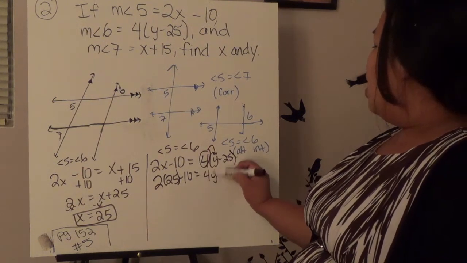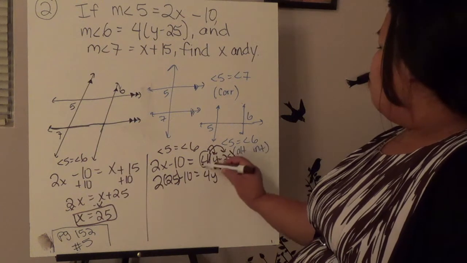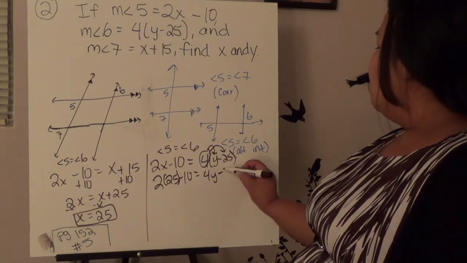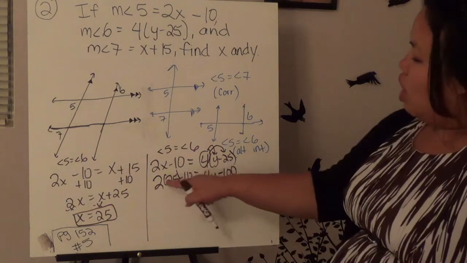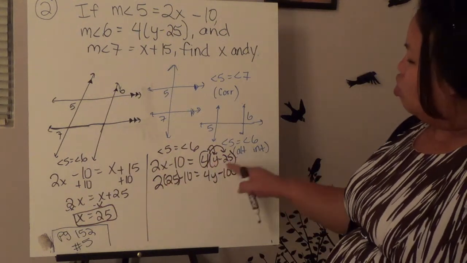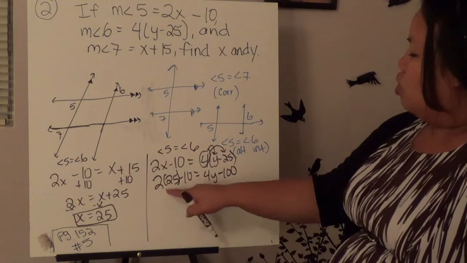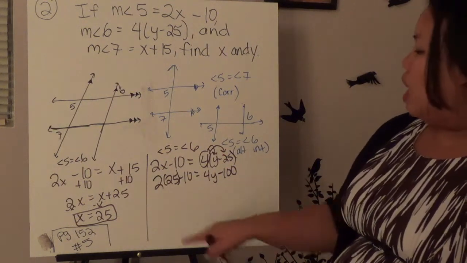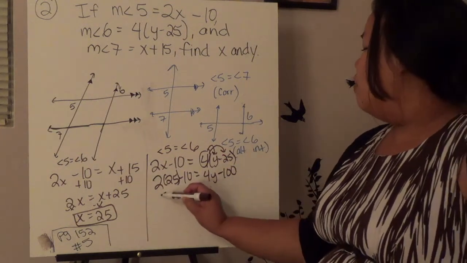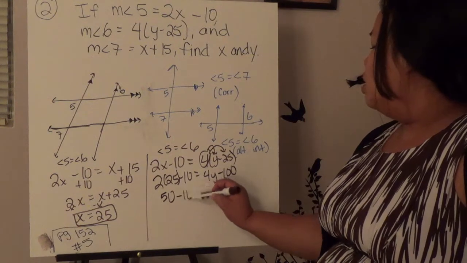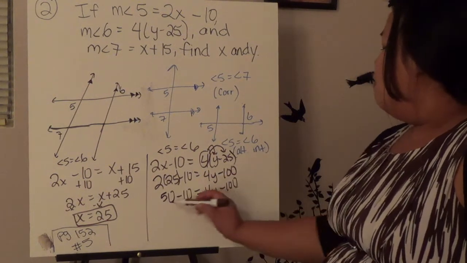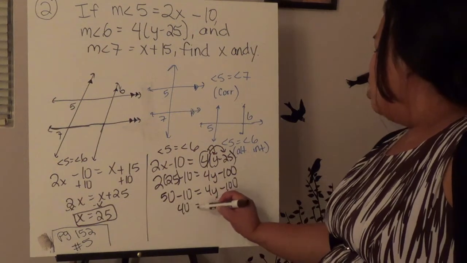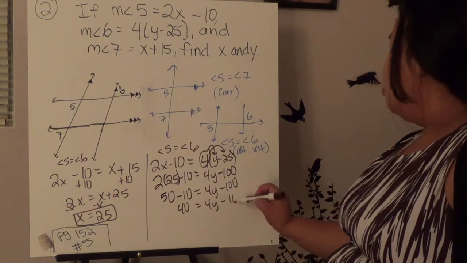So 4y, and don't distribute it to the second one. 4 times negative 25 is negative 100. So again here I replace x, and on this side I distributed the 4. Now I'm going to continue to solve, just like regular math. 2 times 25 is 50, minus 10 equals 4y minus 100. 50 minus 10 is 40 equals 4y minus 100.